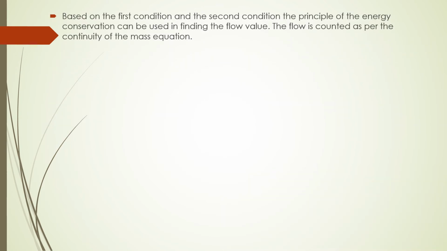Now guys, based on the first condition and the second condition, the principle of energy conservation can be used in finding the flow value. The flow is counted as per the continuity of mass equation. The flow rate equals the velocity at point 1 multiplied by the cross-sectional area at point 1, which equals the velocity at point 2 multiplied by the cross-sectional area at point 2.